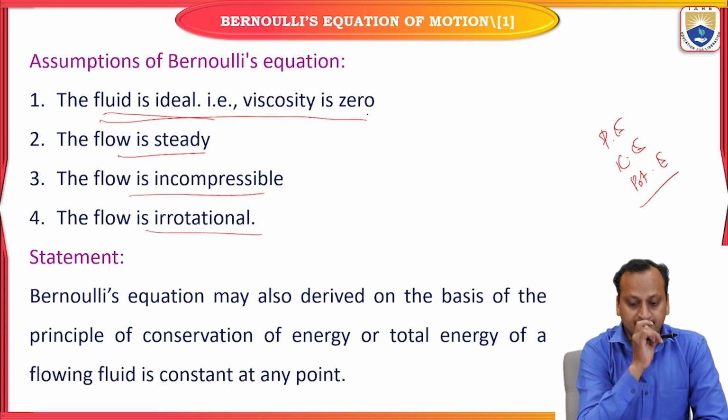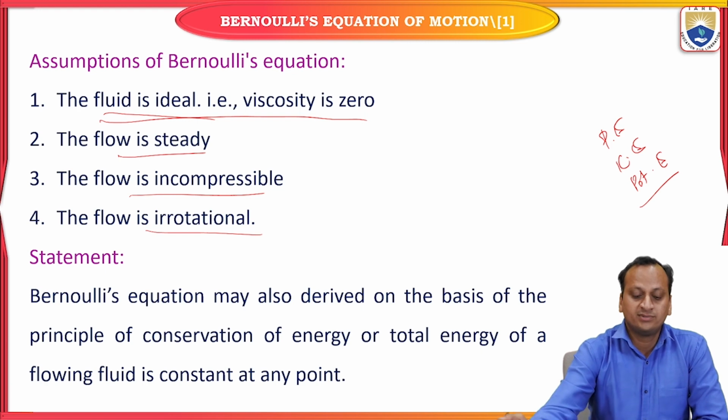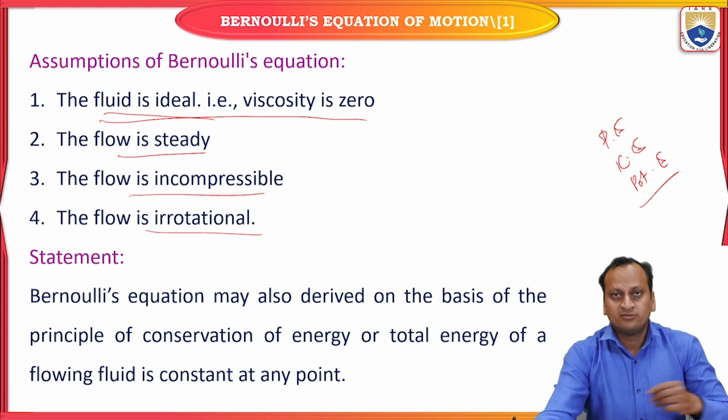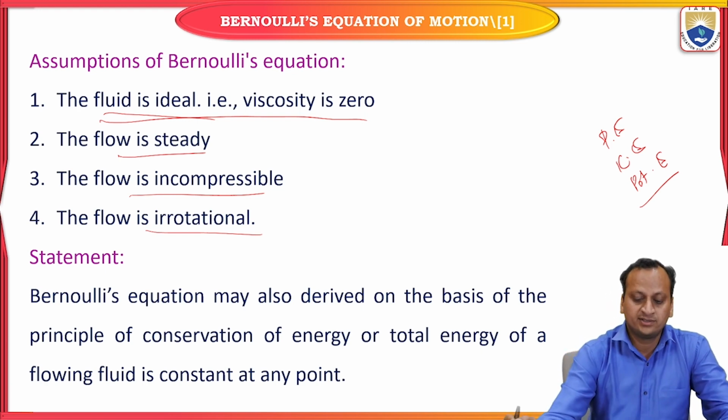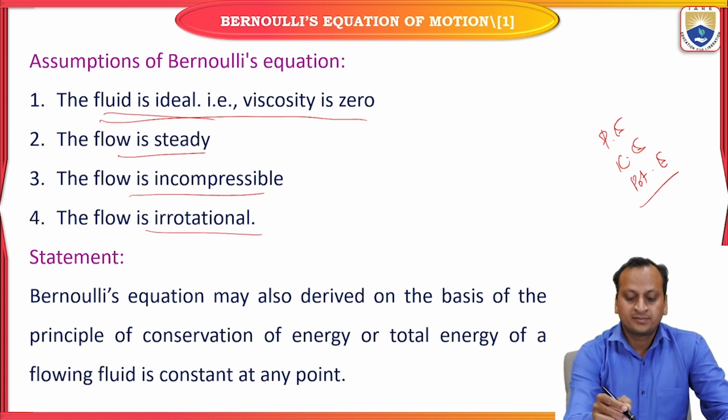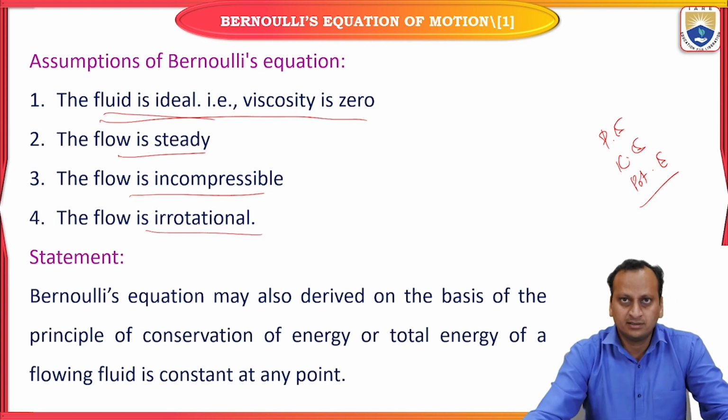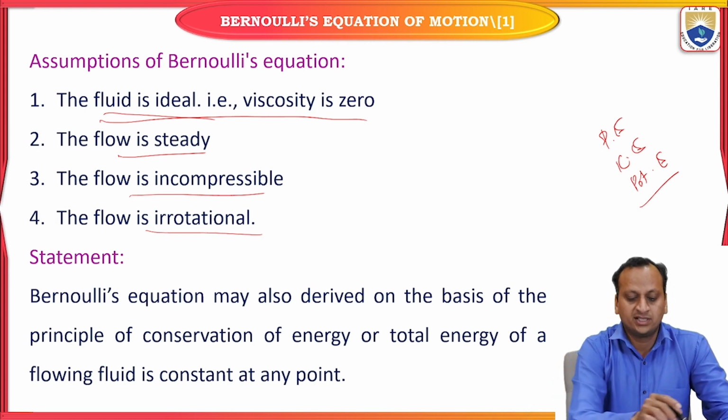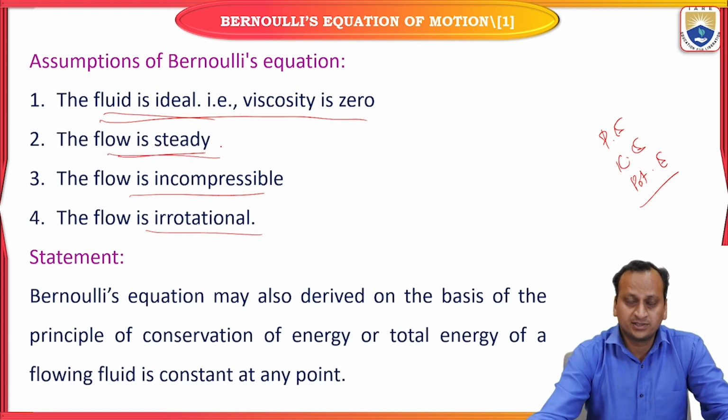For the assumptions, the fluid should possess these four characteristics. Viscosity should be 0. If the fluid is ideal, only then can we have zero viscosity. Otherwise, for real fluids, there will always be viscosity, and it varies based on the conditions and the fluid used. It should be steady, where the velocity, pressure, density, and temperature remain constant from point to point.